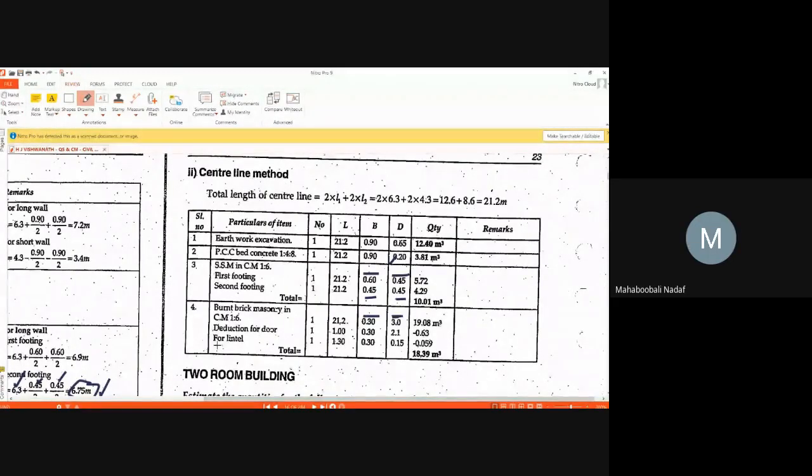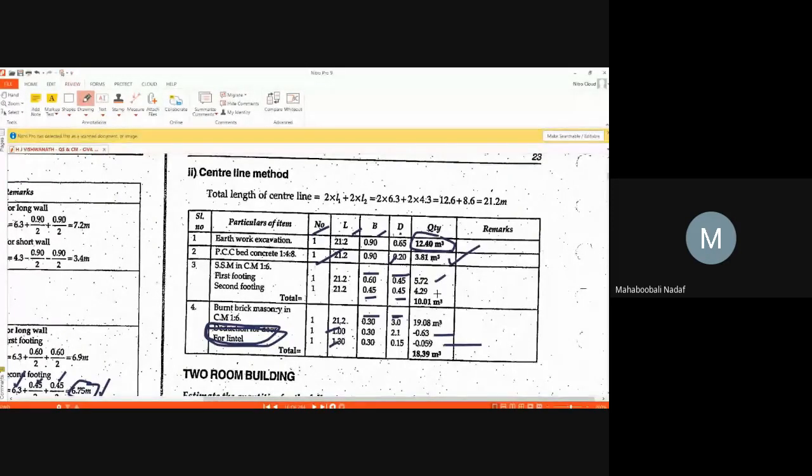Okay. Now the deductions calculation will be same. Deduction in the brick masonry will be same: deduction of door, deduction for lintel. Minus 0.63, minus 0.059. When you multiply this, you will get earthwork quantity. Second multiplication will give PCC quantity.